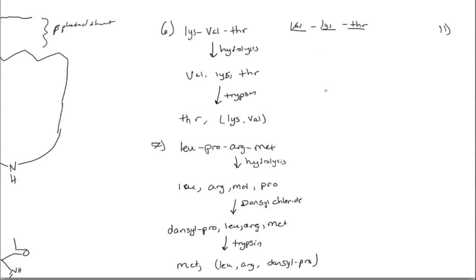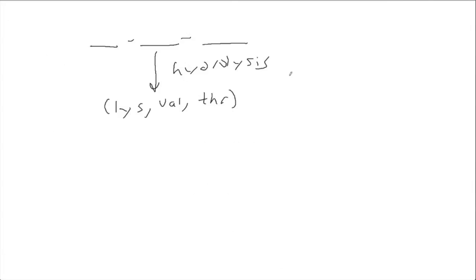Also, the way you wrote it here is a little bit misleading. You made it seem like you applied trypsin to the amino acids. Again, a better way to write it would be to say that the trypsin is applied to the original peptide.